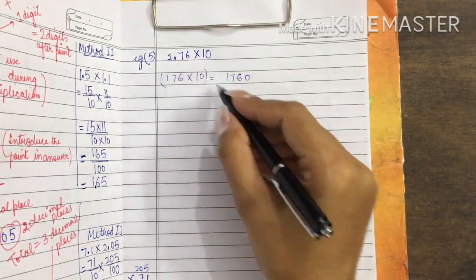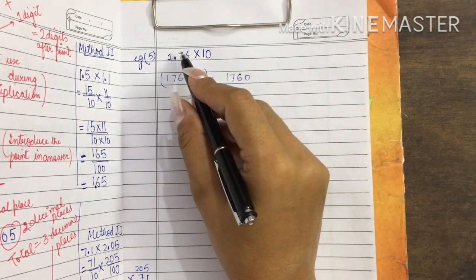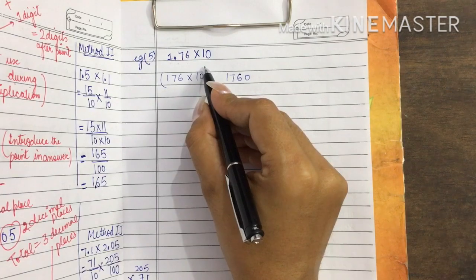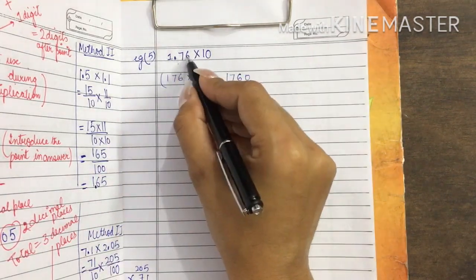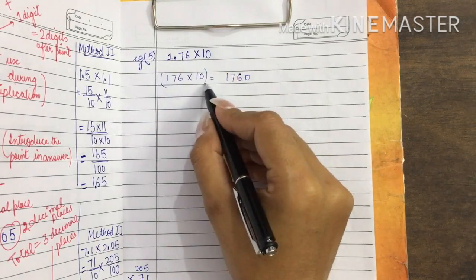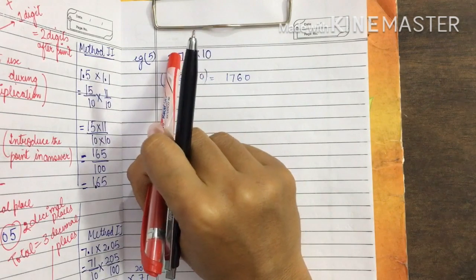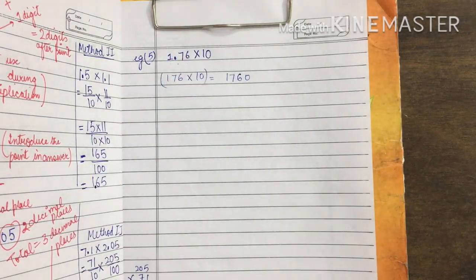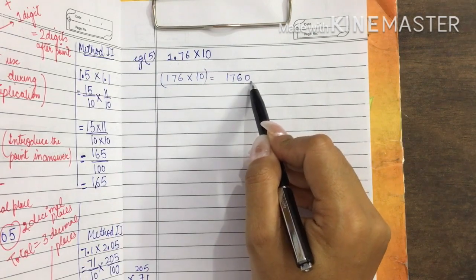Now I will put the point back. Multiply the numbers without the point, because multiplication with 10, 100, 1000 can be done orally. So 176 multiplied by 10. If you want, just ignore this point here. So 176 into 10 will be 176 with a 0.